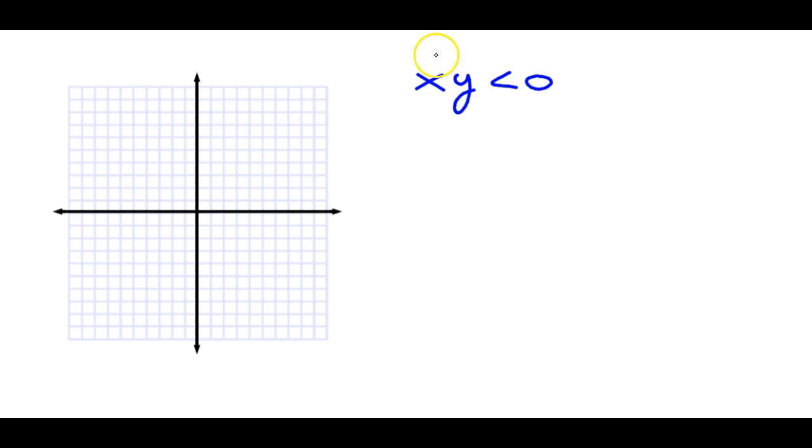And so we have one more here, x times y is less than 0. So let's think about what are possible values for x and y. If they were both positive, what would you get? A positive times a positive, which equals a positive. Well, a positive number is always greater than 0. So they both can't be positive here. What if they were both negative?